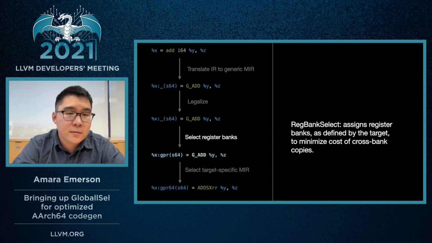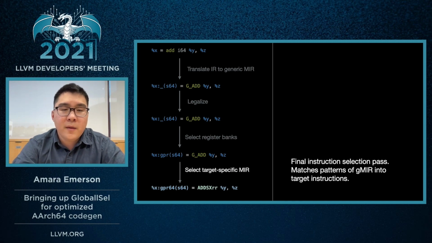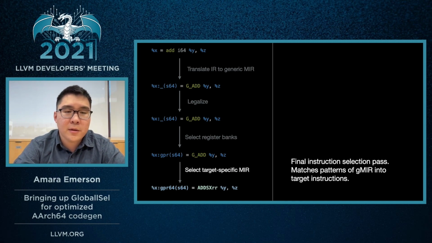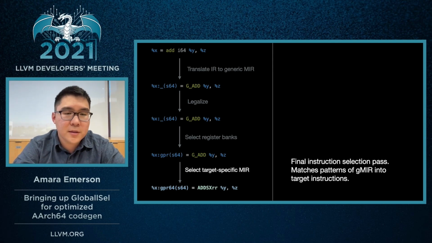An integer add uses the GPR register bank, so that's what we assign here, and we're done. And finally, after register bank selection, we run the actual instruction selector part, and that takes this generic machine instruction and finds an equivalent target instruction to implement that. And since it was legal, this is a very simple selection process. We just select a 64-bit add here.